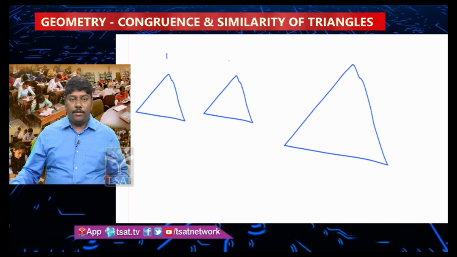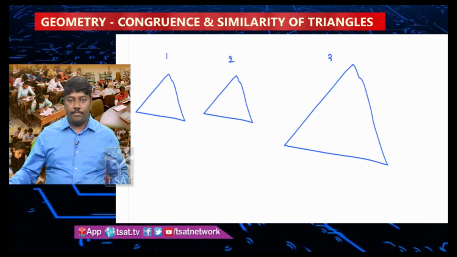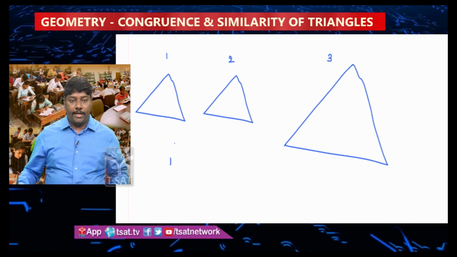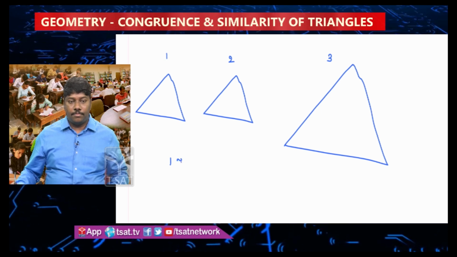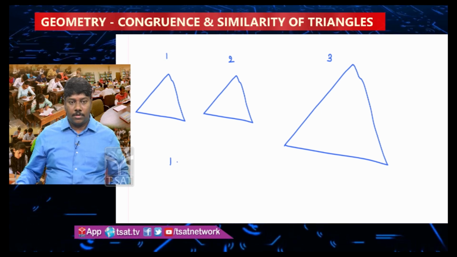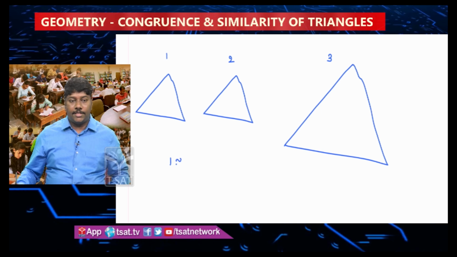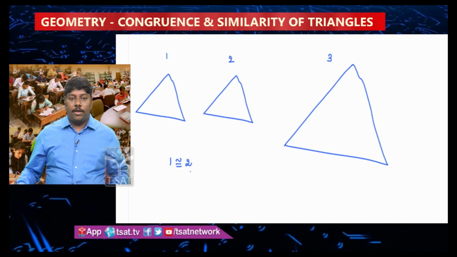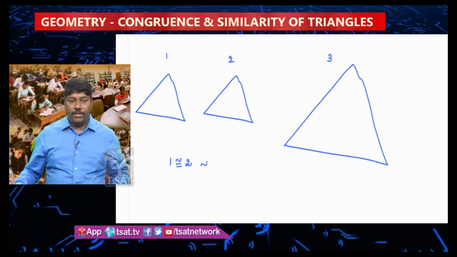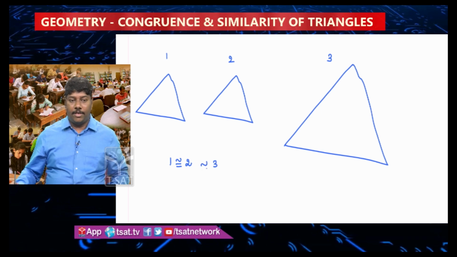Let's say triangle 1, triangle 2, triangle 3. Triangle 1 and triangle 2, I have not even changed the size of the triangle. So triangle 1 and triangle 2 is what? Congruency of triangles. Now for these two, triangle 3 is similar.